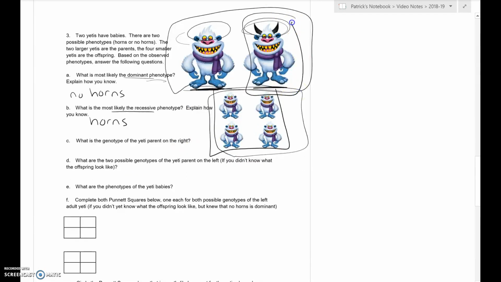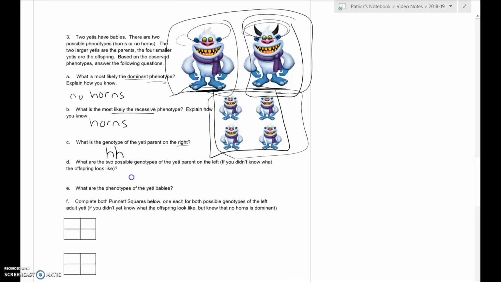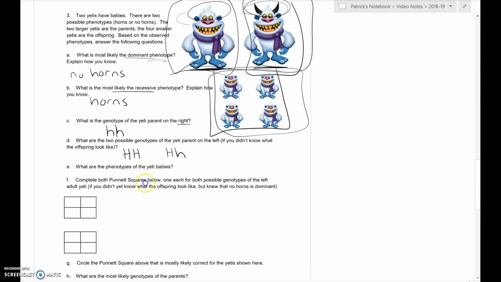So therefore the one with horns, the one on the right, we use H's here, would have to be little h, and the one on the left over here, we don't know yet, but we could probably figure out just by thinking about it, but we'll do some Punnett squares later to rule it out. An individual with the dominant allele could be homozygous dominant or heterozygous.